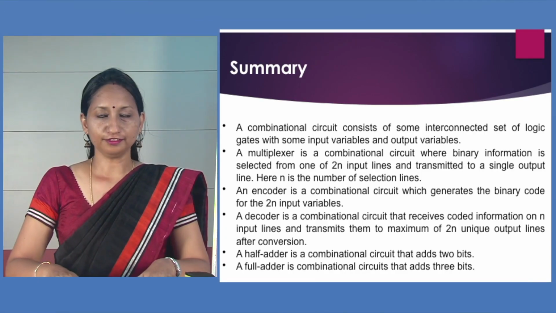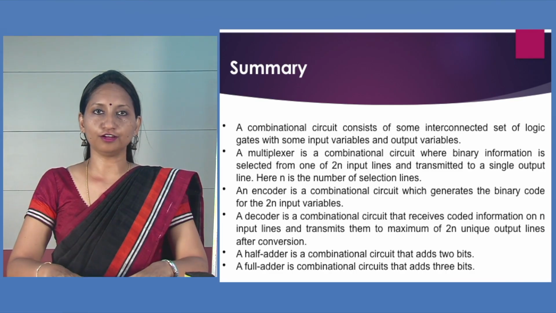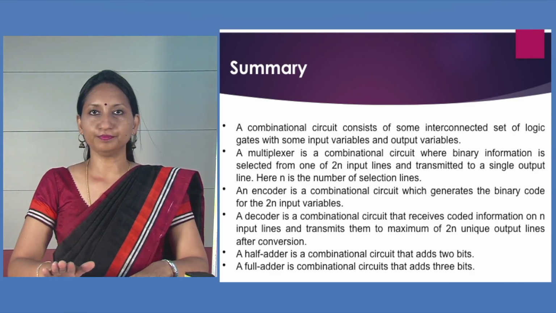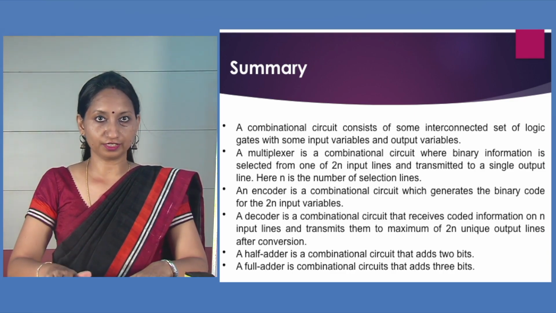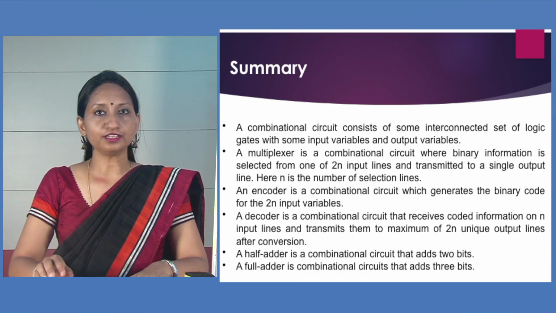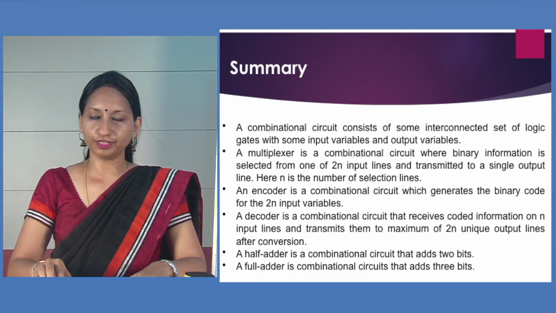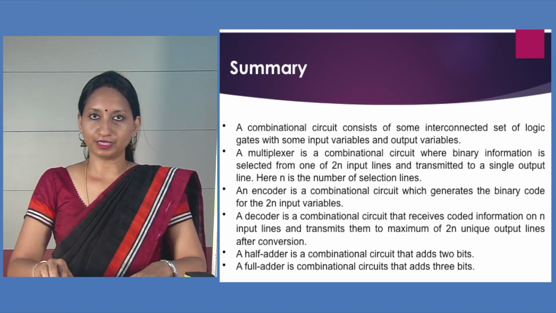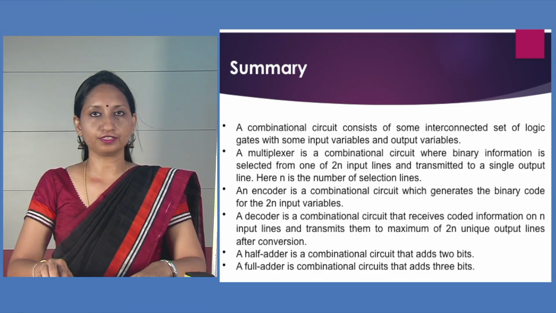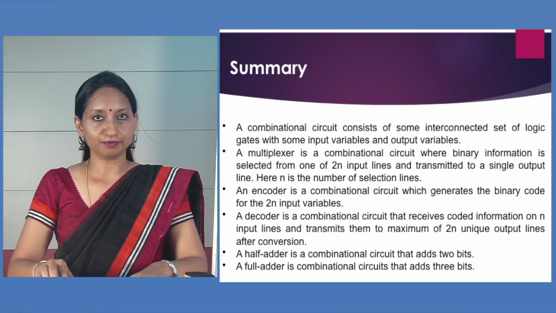So now dear learners, in today's class, what we have discussed till now, first we have discussed the combinational logic circuit. What is a combinational logic circuit? It is a circuit which consists of some interconnected set of logic gates with some input variables and output variables. And some examples of combinational circuits we have discussed. First, we have discussed a multiplexer.